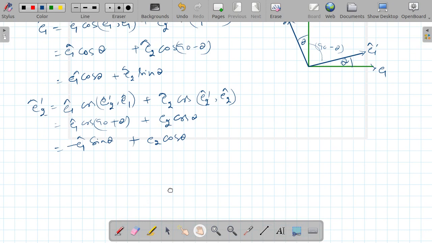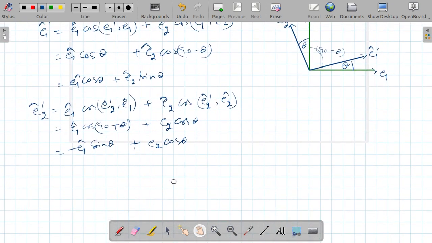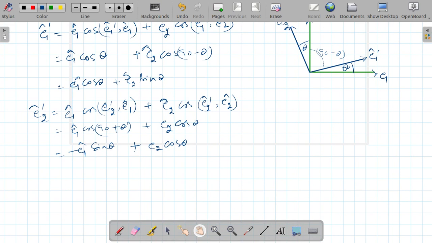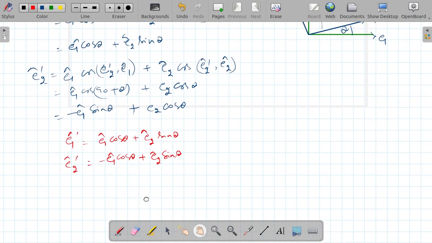So in matrix form, if we rewrite these two results, E1 prime is equal to E1 cos theta plus E2 sin theta, and E2 prime is equal to minus E1 sin theta plus E2 cos theta.